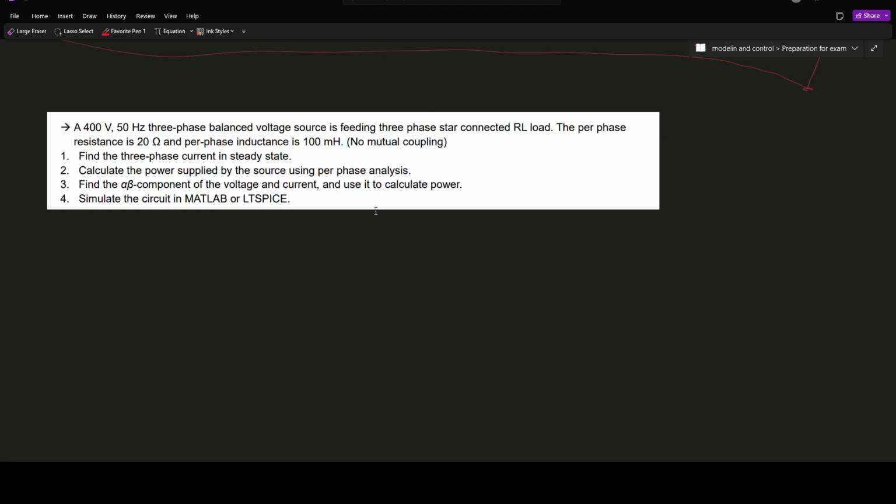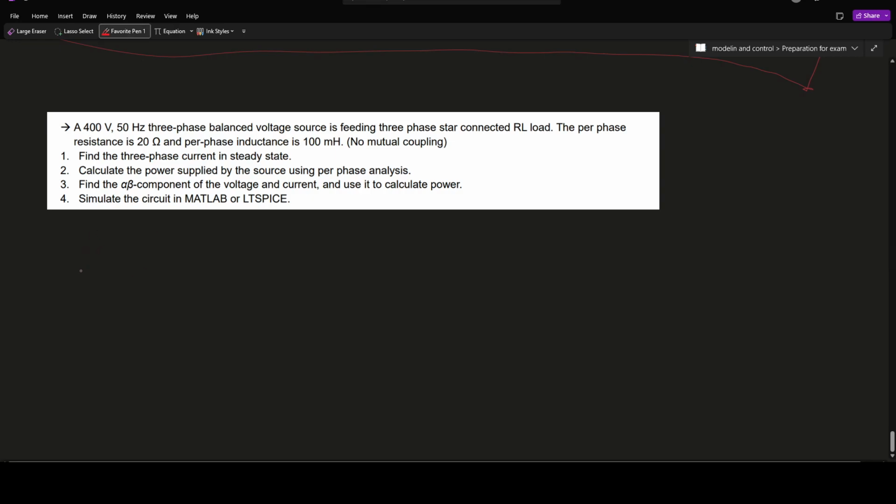Okay, here we have another example. For this one, we need to calculate the phase currents, and we are now going to work with power.